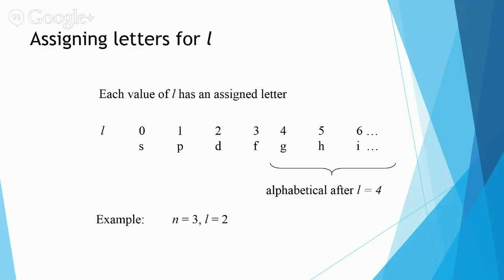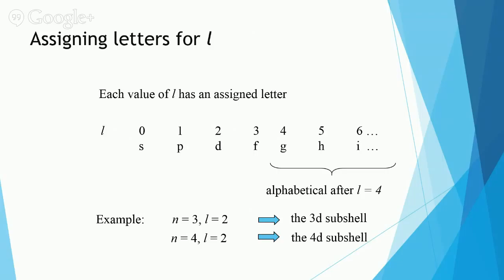All right. So for example, if you're in the third shell, n equal 3, and you're at the subshell where L equal 2, you could say the L equal 2 subshell in the third shell, or you could say the 3D subshell. And if you're looking at the principal quantum number 4 and the angular momentum quantum number 2, instead of saying all that, we'll just say the 4D subshell.